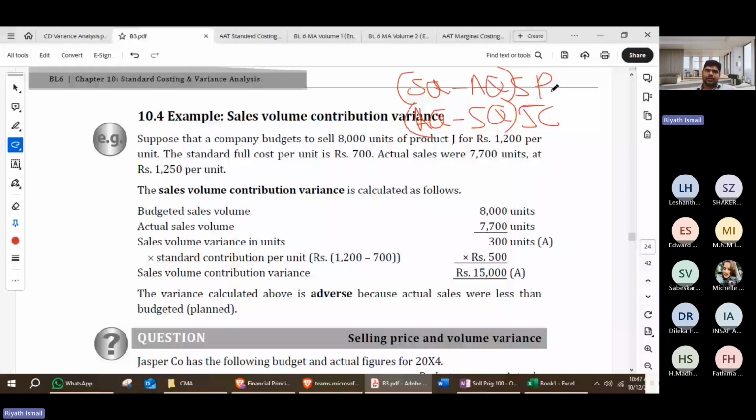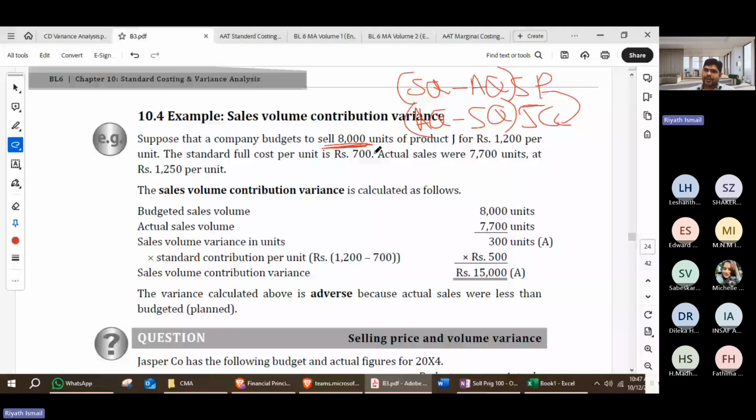Suppose the company budgeted to sell 8,000 units. This is budget or standard. In sales variance, budget and standard are considered interchangeable. But be very careful in cost variance, especially the fixed overhead, where there is a clear difference between budget and standard. Here there is no such difference.